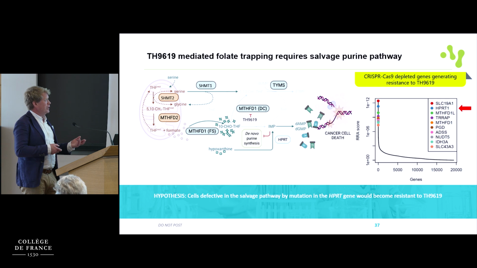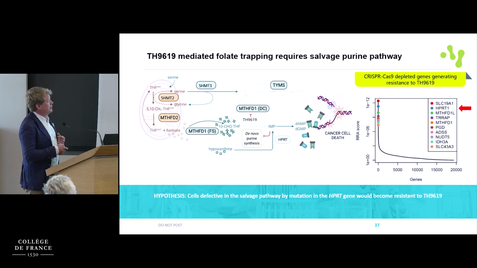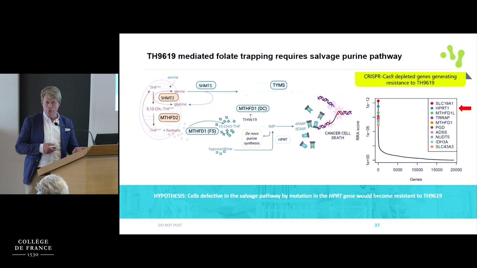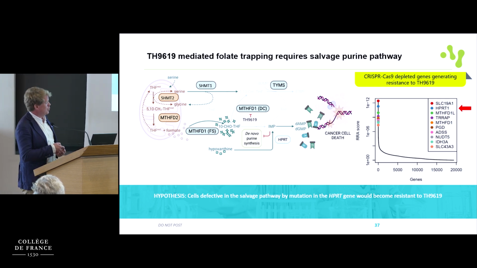And another way of seeing this is from the CRISPR-Cas9 screen that we did. The first top hit that we found was the SLC19A1, which is the folate transporter. So this is what is transporting the compound into the cell. The next one is HPRT.